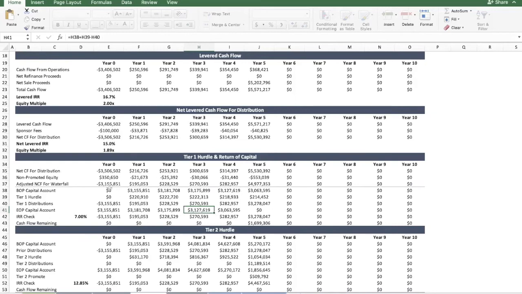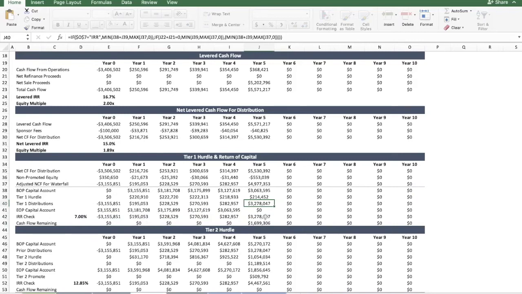To actually solve for it, we have an IRR check of 7. So investors are getting their 7%. And when you return capital in year 5, what is this here? I guess that's slightly larger. So maybe you still need to return more to hit the 7% because you actually need to return the cash flows of that year plus the return of capital.